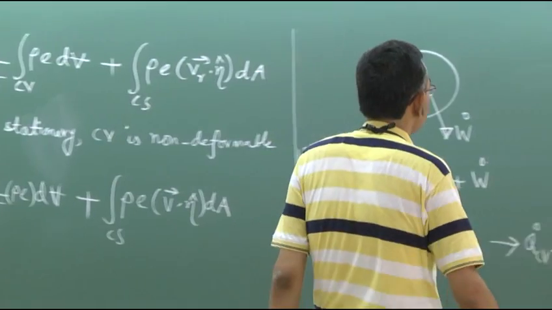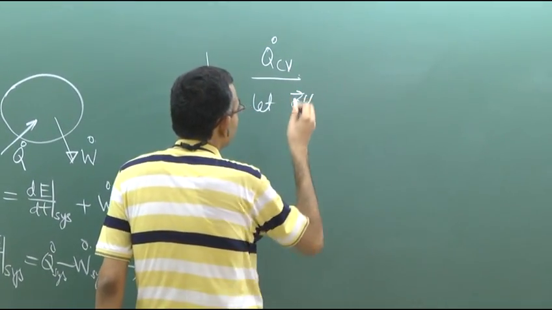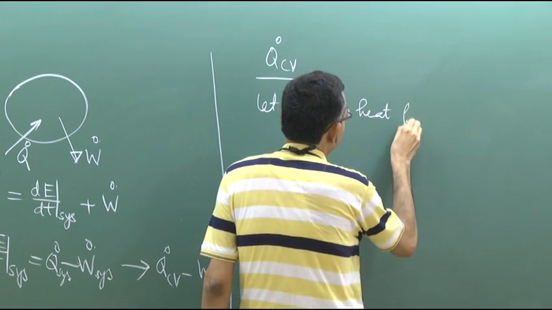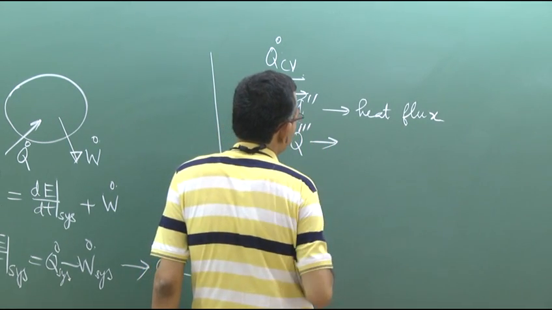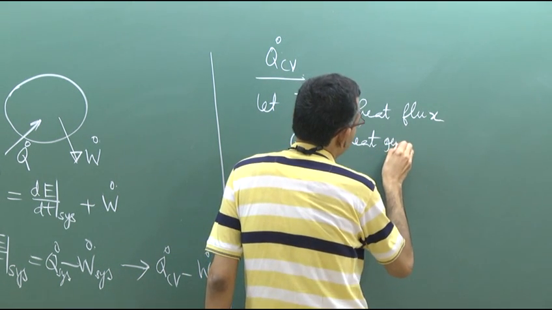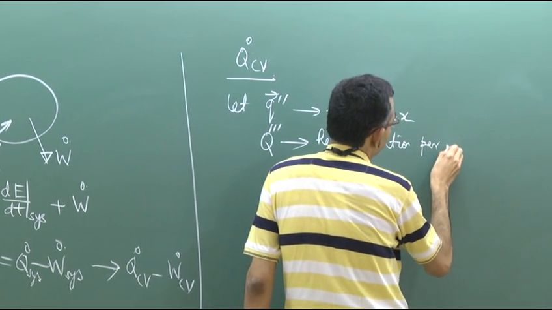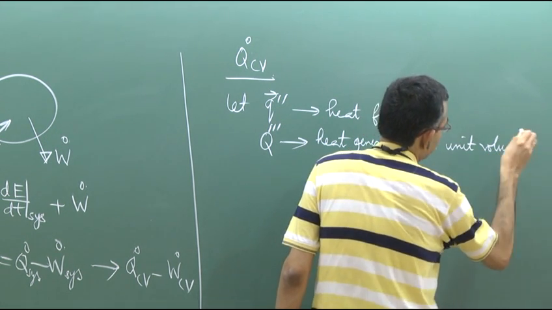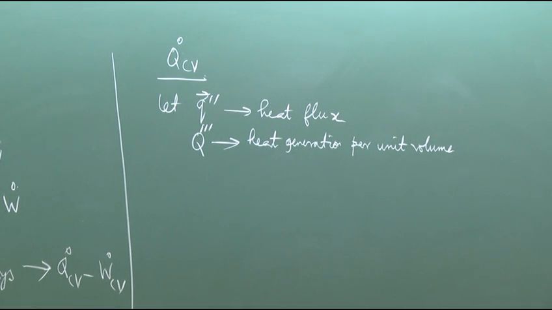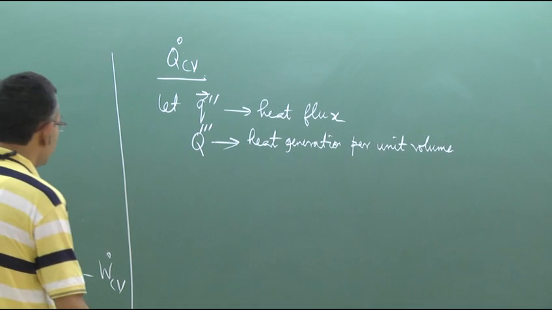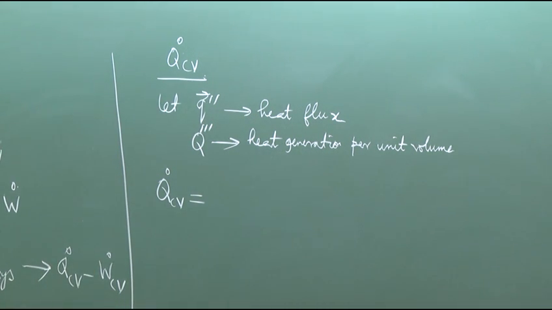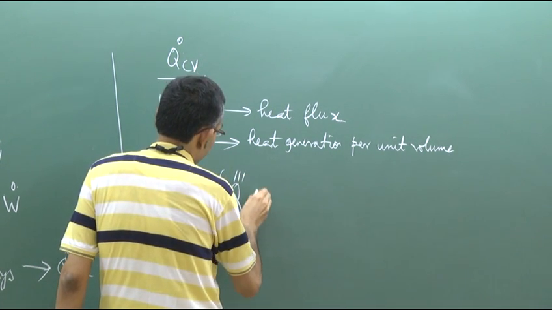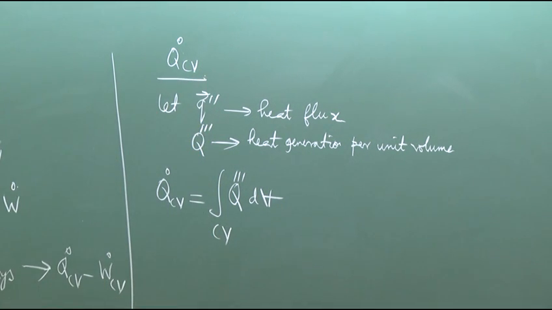So let us say let this be the heat flux and so Q dot Cv, this is heat generation per unit volume.